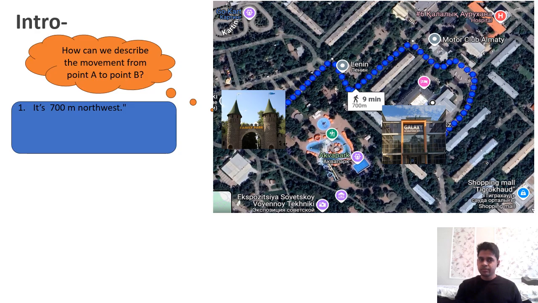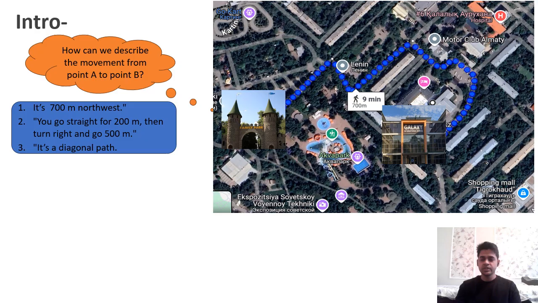Some students may say it is 700 meters northwest, and some would say you go straight for 200 meters, then turn right, turn left, and then go straight 500. And some would say it's a diagonal path.